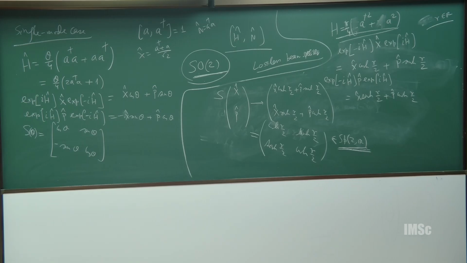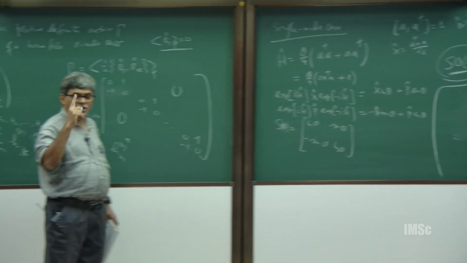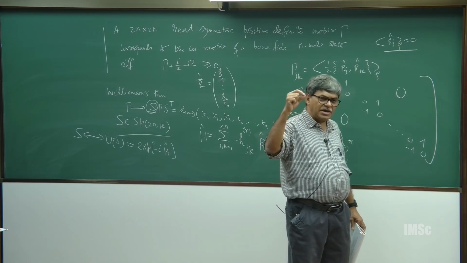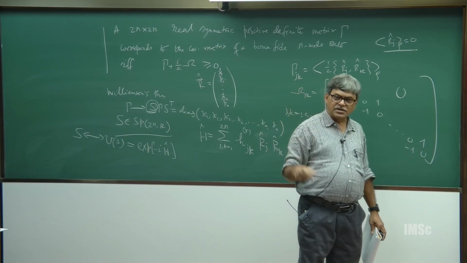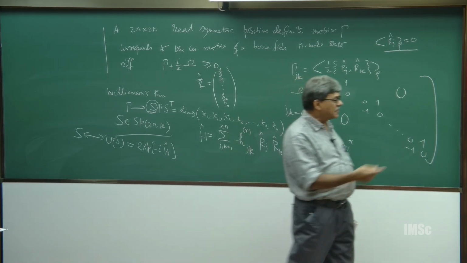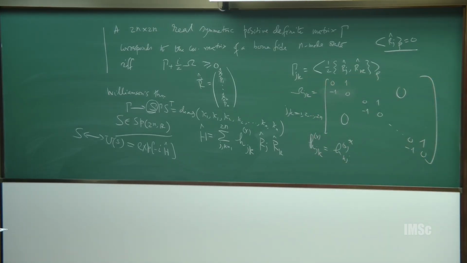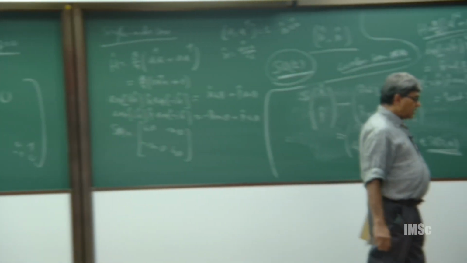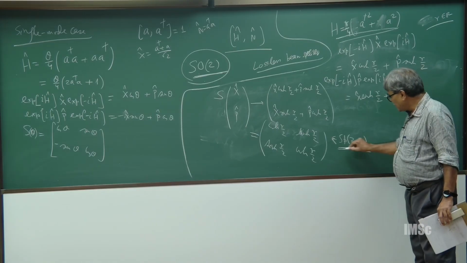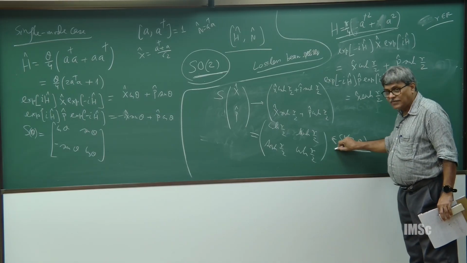This will preserve area, but you can think in terms of distance also. If I take the proper orthochronous Lorentz transformation for one space one time dimension, then that distance, x square minus c square t square, will be preserved by this transformation, and as a result this is a non-compact group.